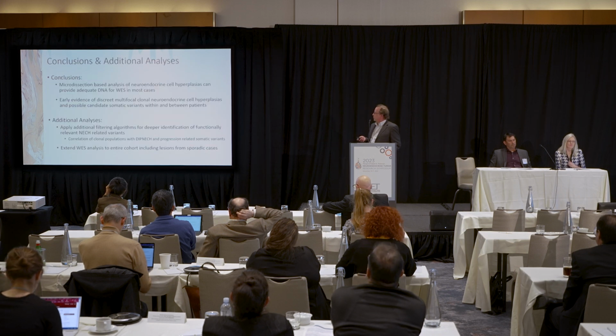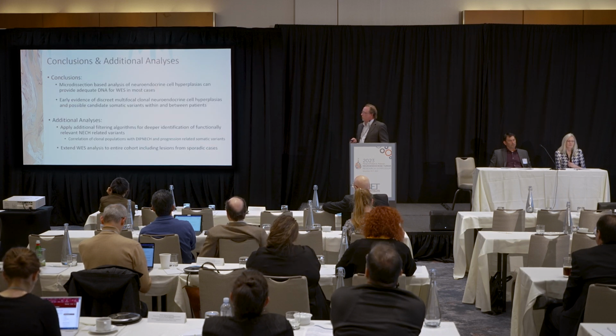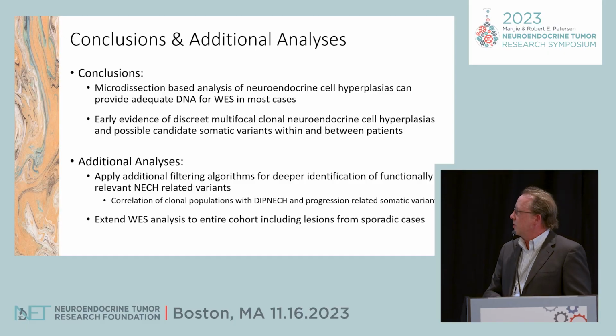So just in conclusion, in this interim analysis, I think we've shown that microdissection-based analysis of these lesions can provide adequate DNA for whole exome sequencing in most cases. We may see some early evidence of discrete multifocal clonal neuroendocrine cell hyperplasias with possible candidate somatic variants within and between patients.